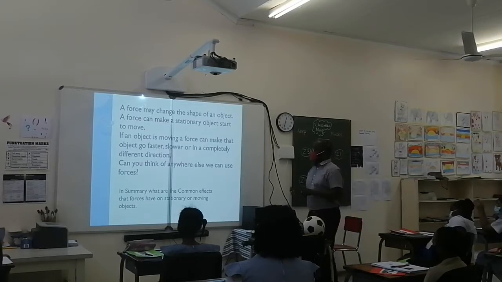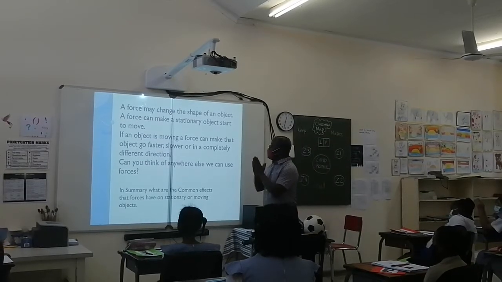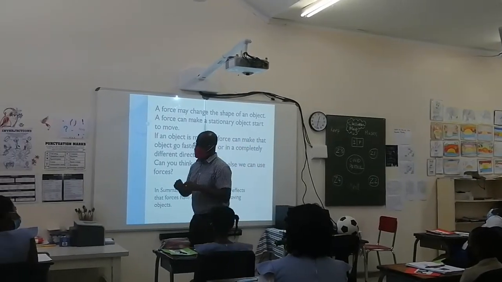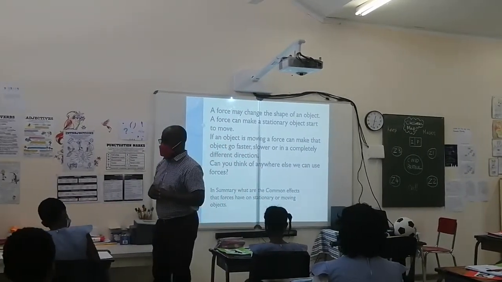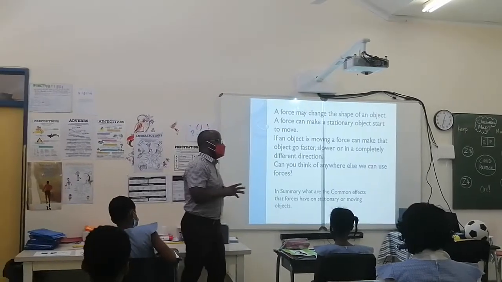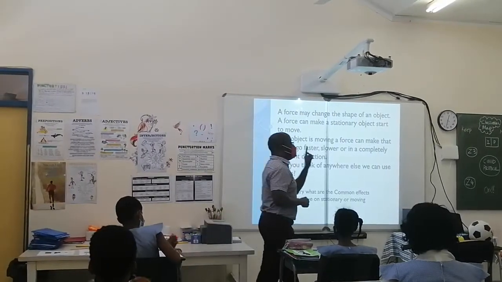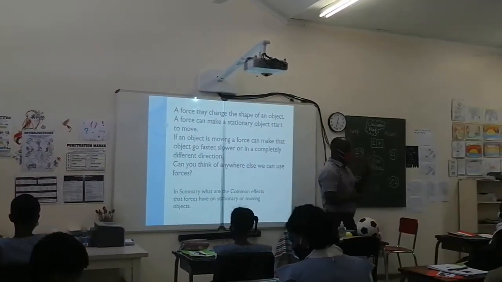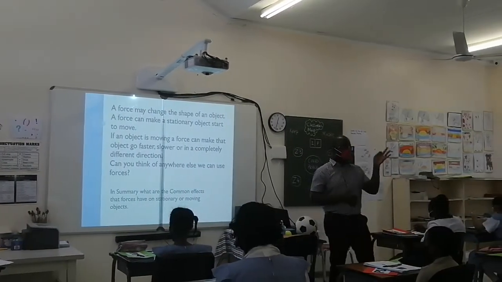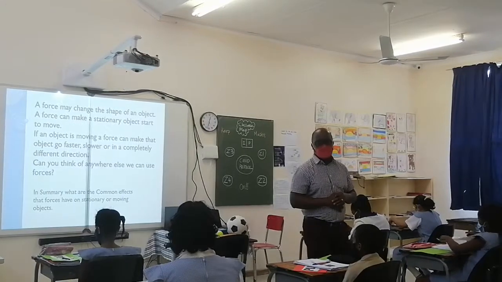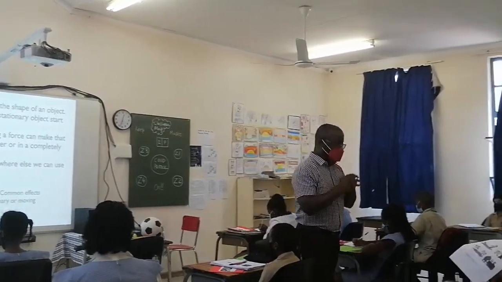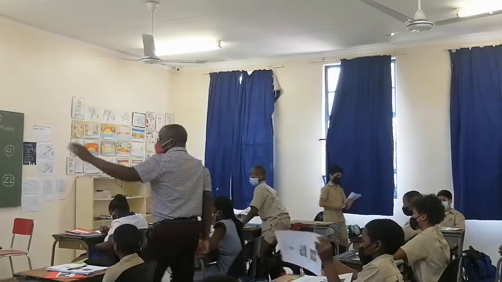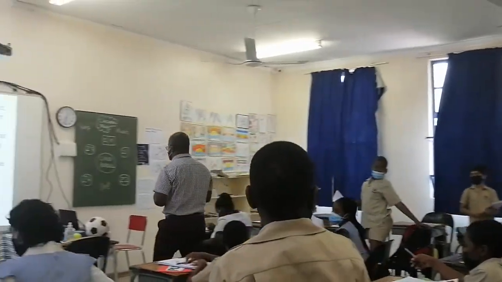Okay, very good. Now, the next question here is, can you think of anywhere else that we can use forces? What I want you to do is at the back of your worksheet, you're going to go into your collaboration groups and come up with 3 examples of where else we can see forces being used. Quickly, you've got 2 minutes in collaboration groups. Zone 1, zone 2, zone 3, zone 4. Spread yourself out.